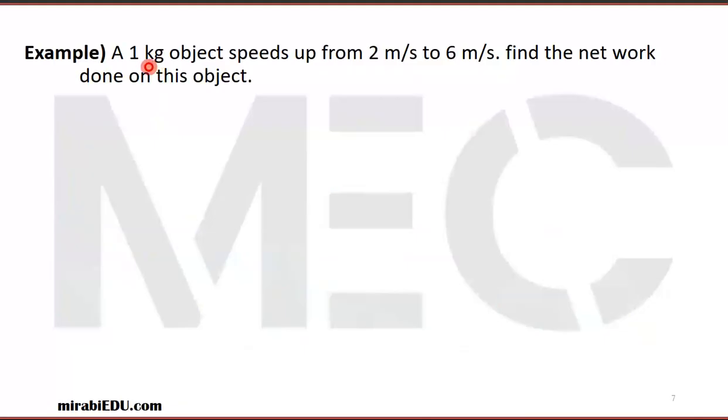Okay, example. A 1 kilogram object speeds up from 2 meters per second to 6 meters per second. Find the net work done on this object. So the formula says the net work done is equal to the change in kinetic energy. The change in kinetic energy is half of m times v final squared minus v initial squared.